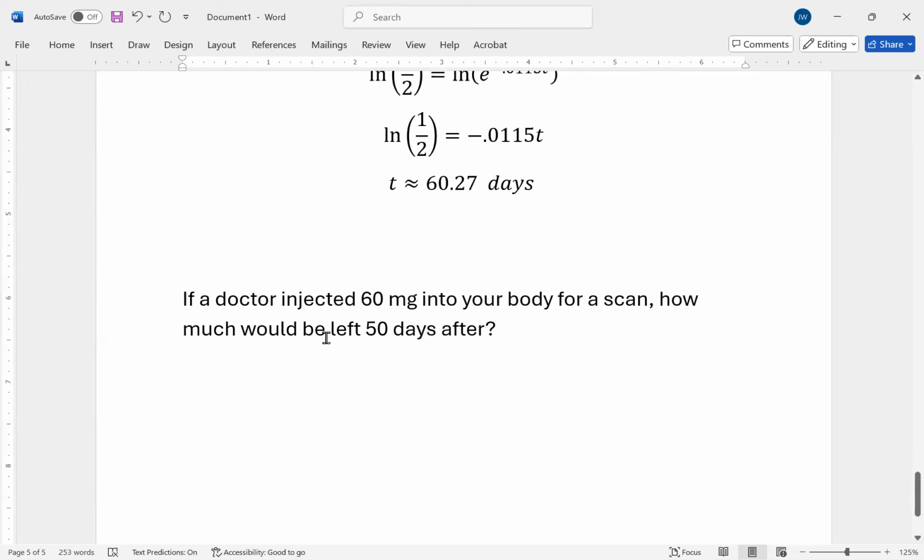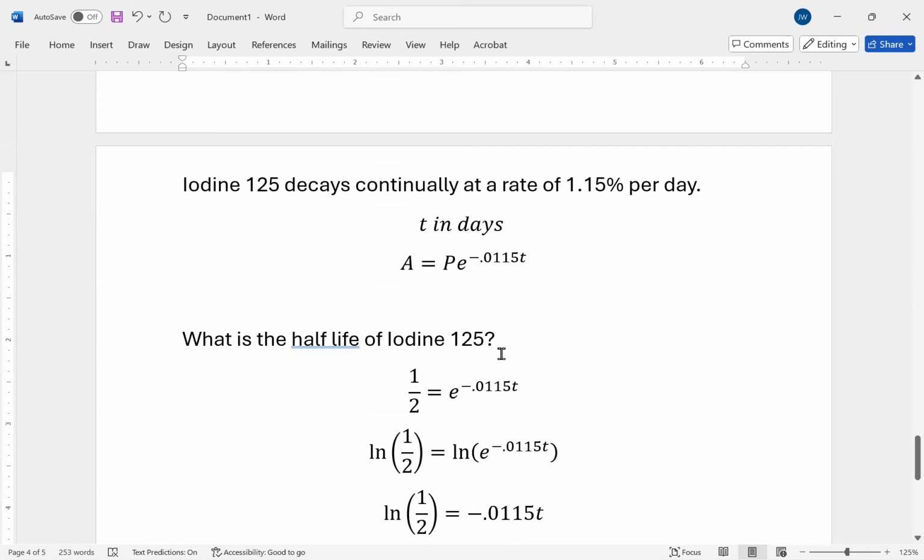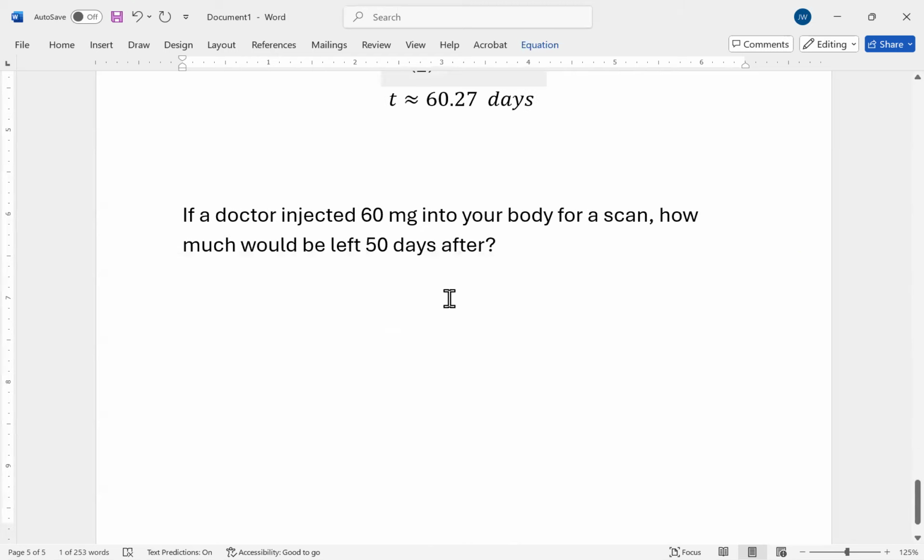Now, if a doctor injected 60 milligrams into your body for a scan, how much would be left 50 days after? I'm actually going to do this in two different ways. I'm going to start with this equation. This is how I would do it. I would say if the doctor injected 60 milligrams, how much would be left 50 days after? I'd plug in a T of 50.